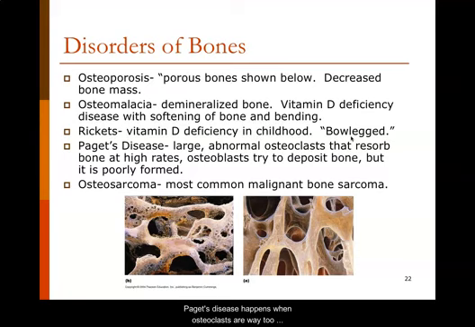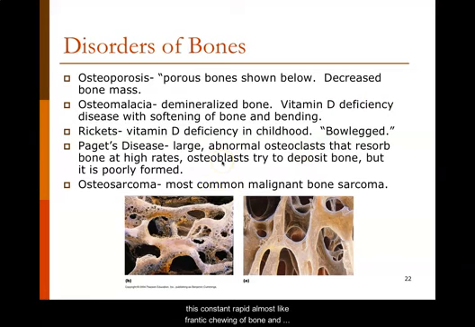Paget's disease happens when osteoclasts are way too active. When those osteoclasts are constantly chewing up bone, releasing tons of calcium into the bloodstream, there's tons of calcium in the bloodstream, and so osteoblasts are stimulated to build bone.